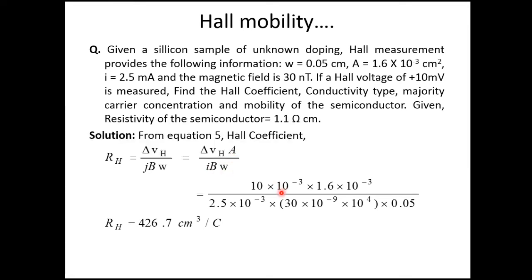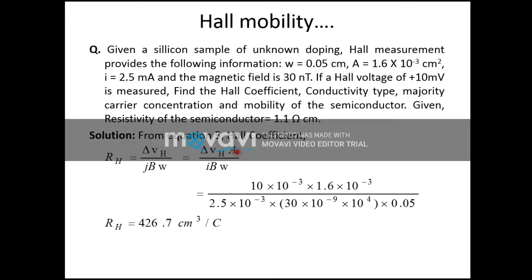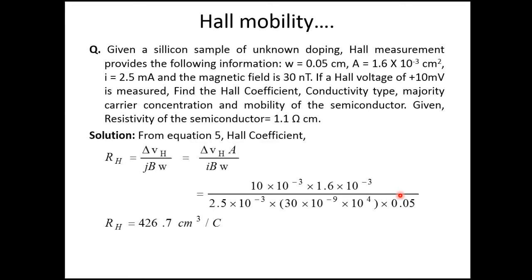Now we can put the values in the formula over here. The delta V is 10 millivolt, so millivolt is converted into volt, so 10 into 10 power minus 3 volt, and the area is given in centimeter square, so we have taken just centimeter square, so 1.6 into 10 power minus 3 centimeter square. We are not converting this into meter square, remember this.